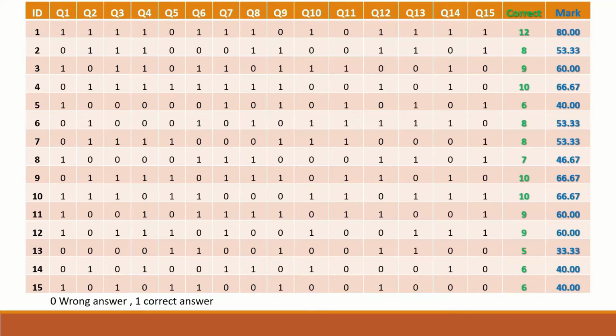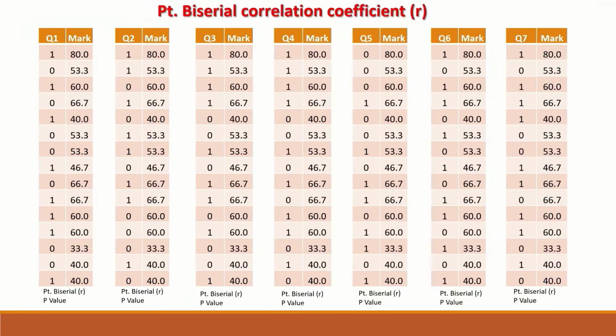labeled as mark. So in the point biserial correlation, once the total mark is calculated, the test is performed and the test will correlate the scores in each specific question with the total mark, as shown here in this slide again.